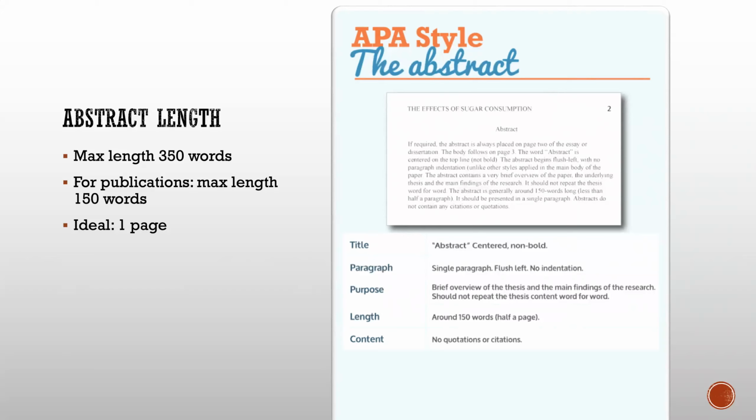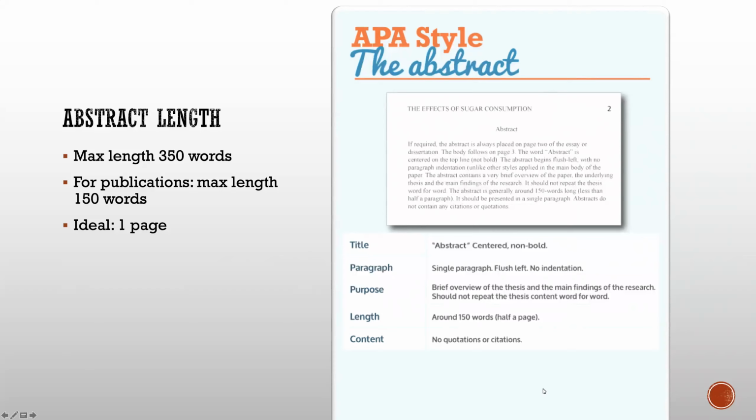When you're working on redeveloping your work for the journal publication, you will have to follow those authors' guidelines for that specific journal. And like I said, in most cases, the maximum amount of words is actually 150. Here at NCU, we focus on helping students keep their abstracts to a single page, because we know you want to put everything in there.